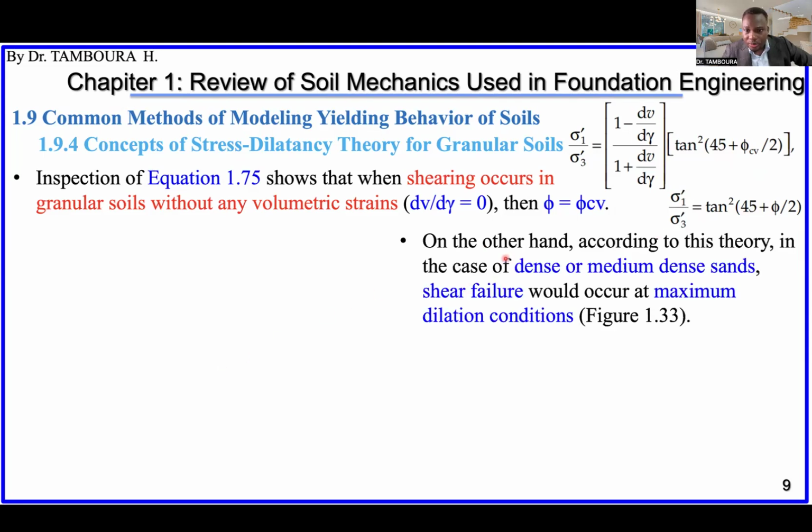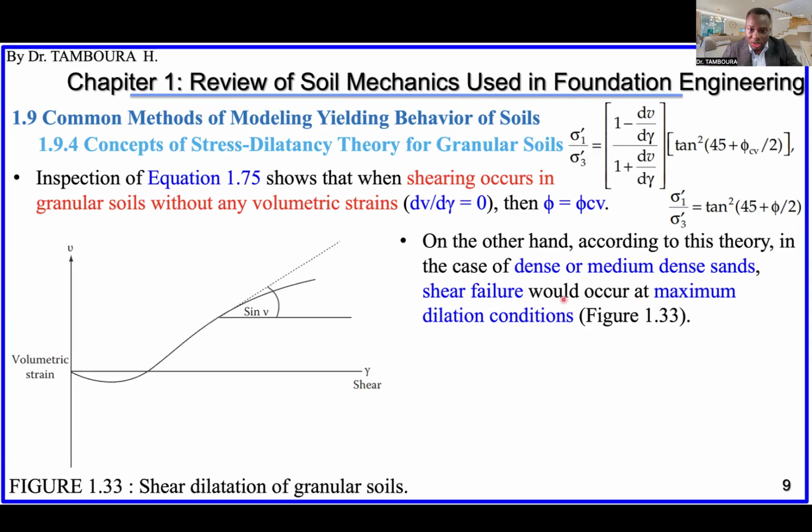On the other hand, on the contrary to this, in the case of dense or medium dense sand, the shear failure will occur at the maximum dilation condition, which is shown in this figure.